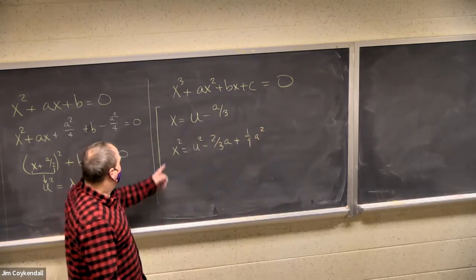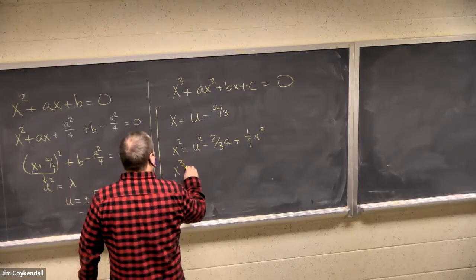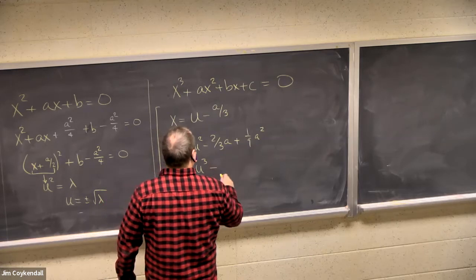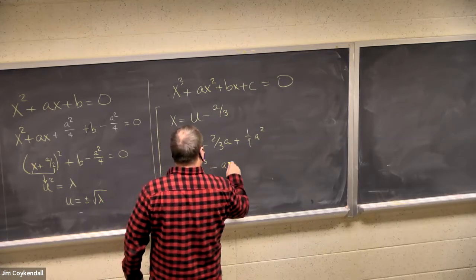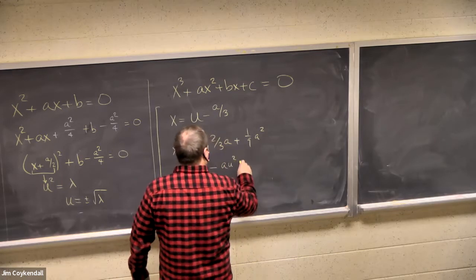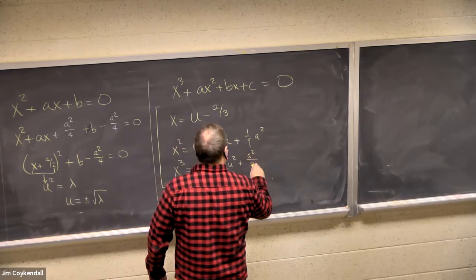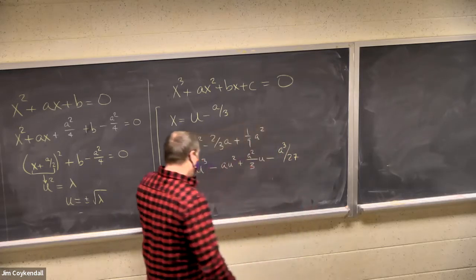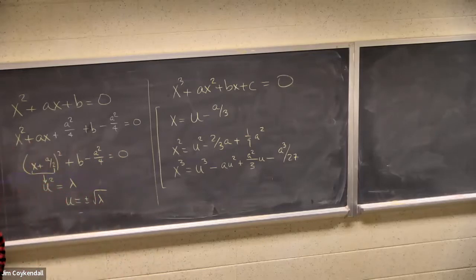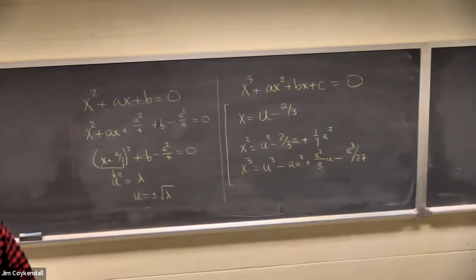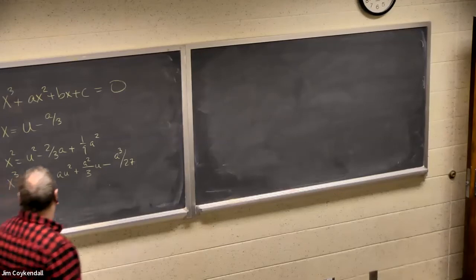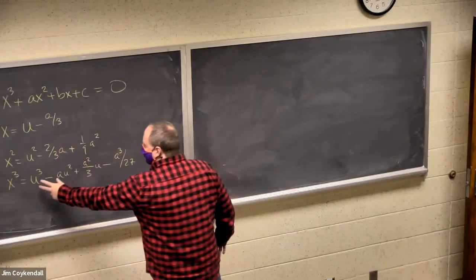And this cube, I think you better watch me on this, is u cubed minus a u squared plus a squared over 3 u minus a cubed over 27. Right? Looks like I've made it worse because, well, maybe I have, but there's always the bad before the good. So let's substitute in here.